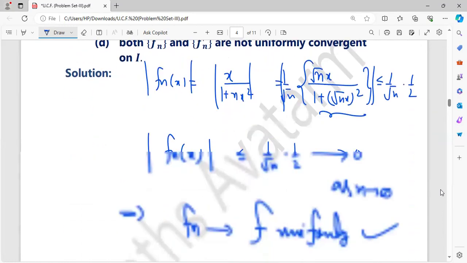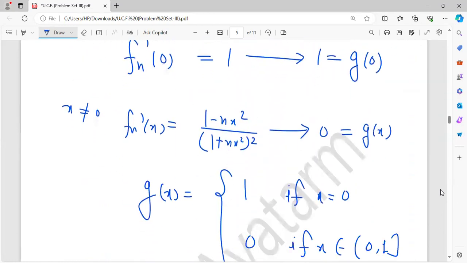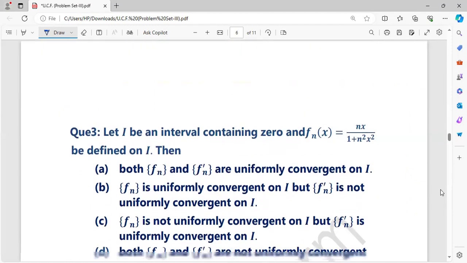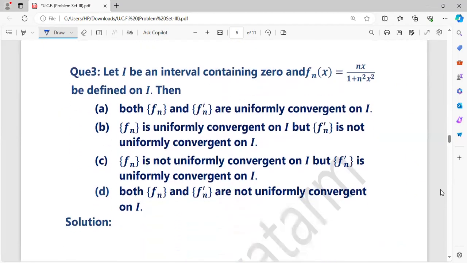Okay. Now next, move to question number 3. Let I be an interval containing 0 and Fn x is this. Then the options: first, both Fn and Fn dash are uniformly convergent. Second, Fn is uniformly convergent, but Fn dash is not uniformly convergent.